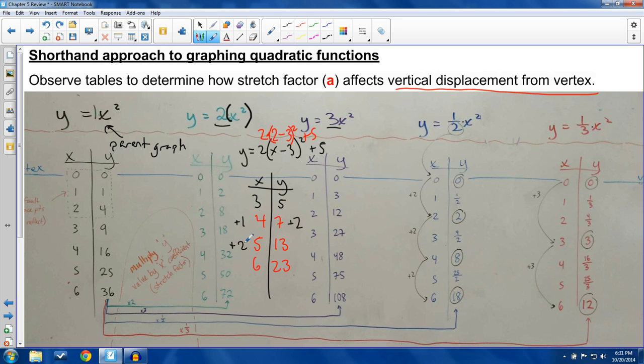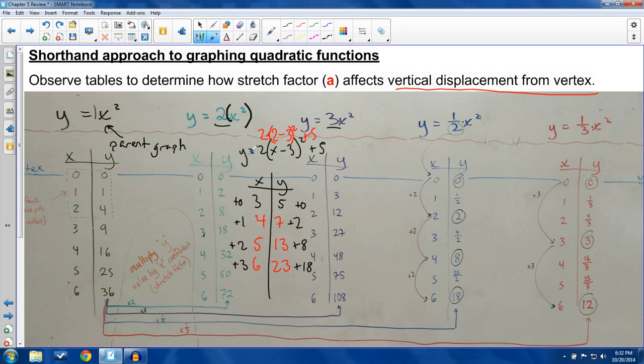When I go over 2, I went up 5. And 13, I went up 8. When I go over 3 from my vertex, I went up 18.